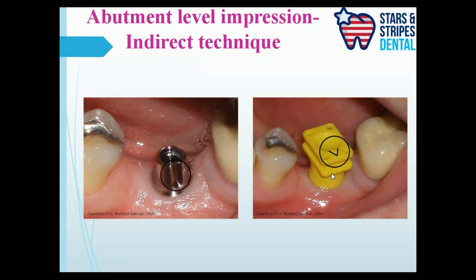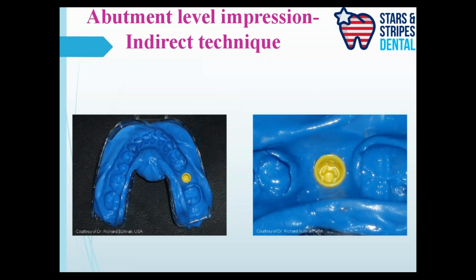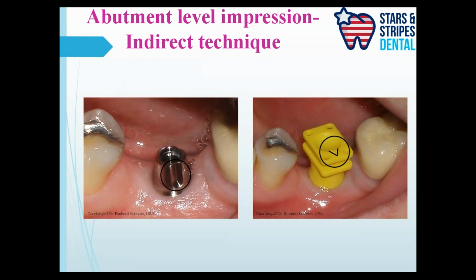So you fit those and snap the basket on top of the abutment, and then you inject the material around that basket. You load your tray, and when you remove the tray from the patient's mouth, this basket would be picked up in the impression. So in a way that is giving the lab information about the surface of the implant.